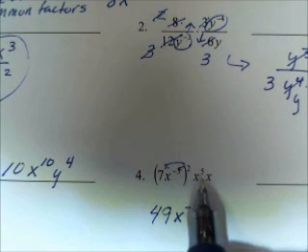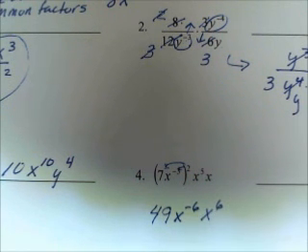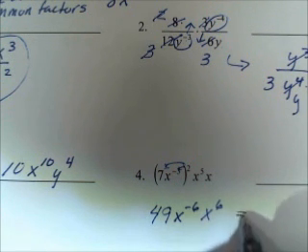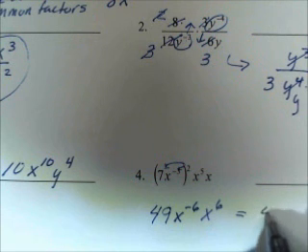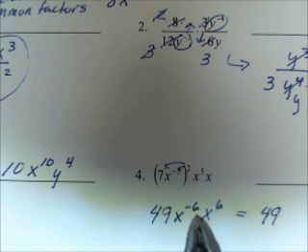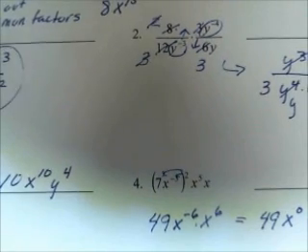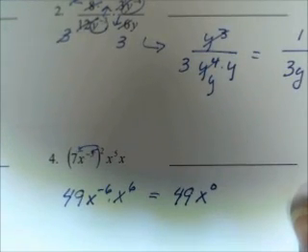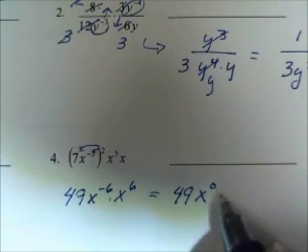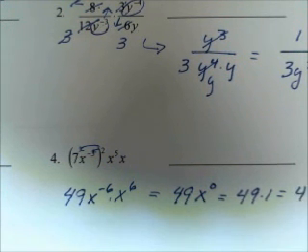And x to the fifth times x to the first would be x to the sixth. So this is 49. x to the negative 6 times x to the positive 6 is going to be x to the 0. And remember, anything raised to the 0 power is 1. So this is 49 times 1, which is 49.